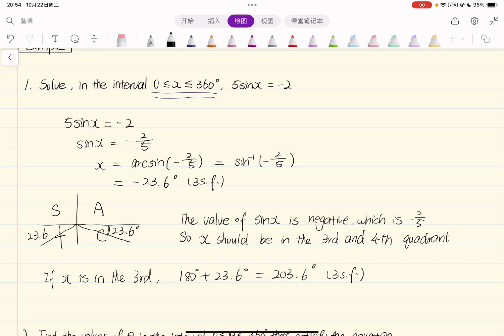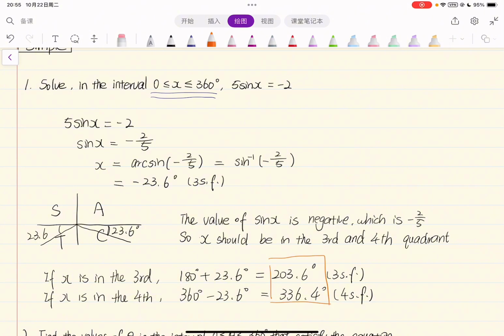And if x is in the fourth quadrant, that is 360 degrees minus 23.6 degrees, which equals 336.4 degrees. Here it should be to 4 significant figures. So these two are the answers for question 1.